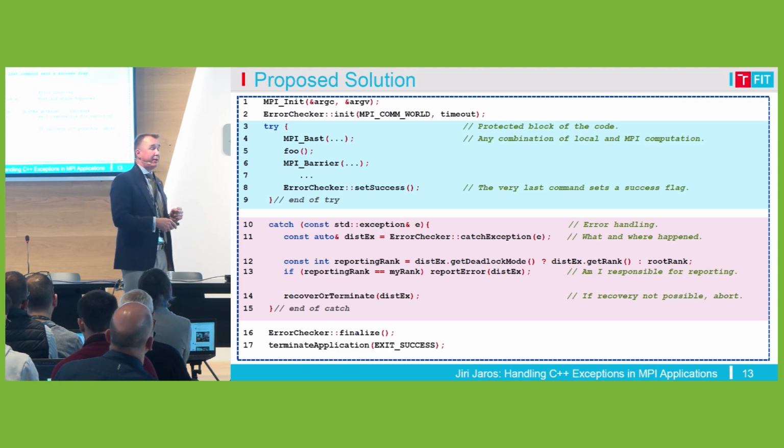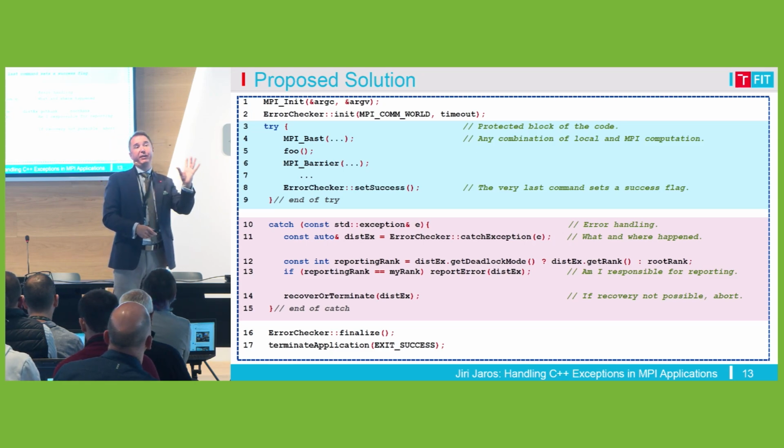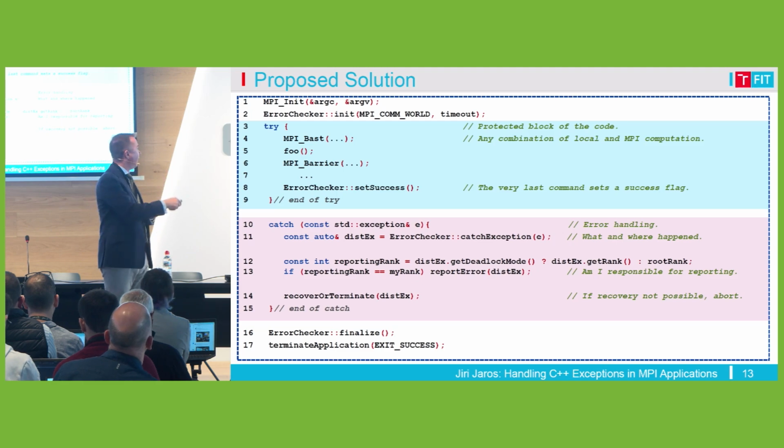But there might be more difficult situations. For example, there's a problem in this full method. So one rank is out of memory and basically goes directly to the catch method, and the others will enter the barrier and will stay there forever because the rank that caused an exception here just skips the barrier.